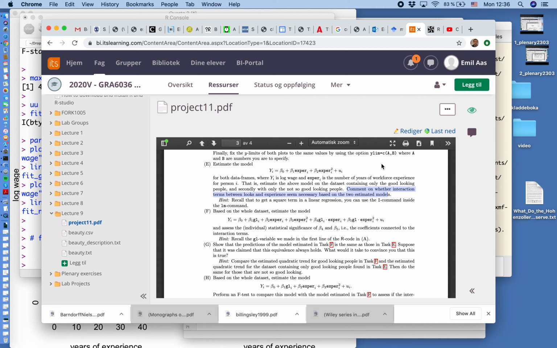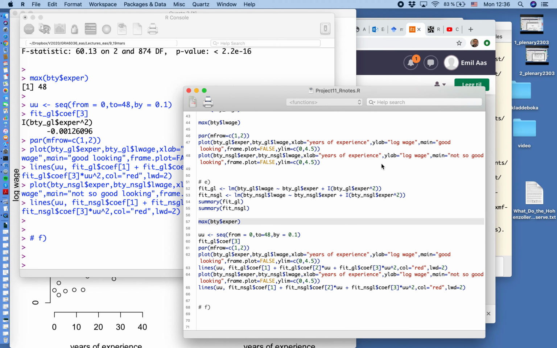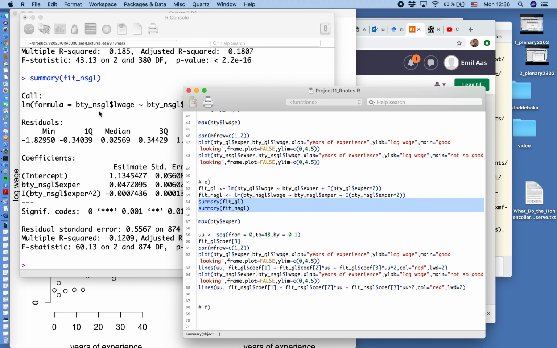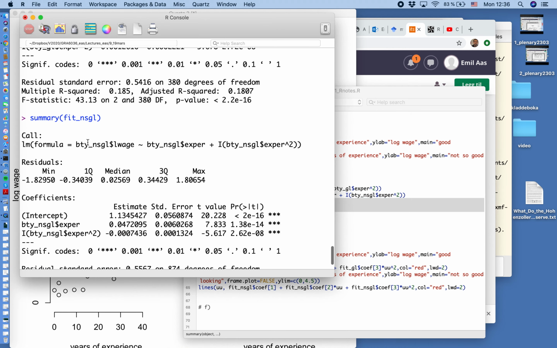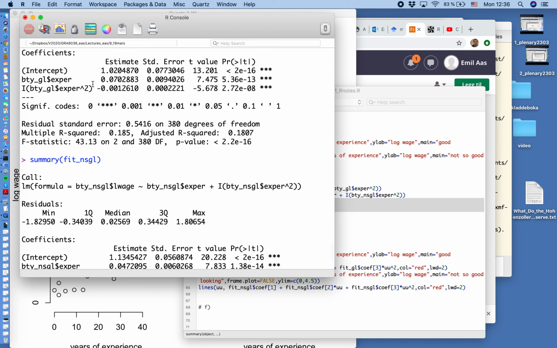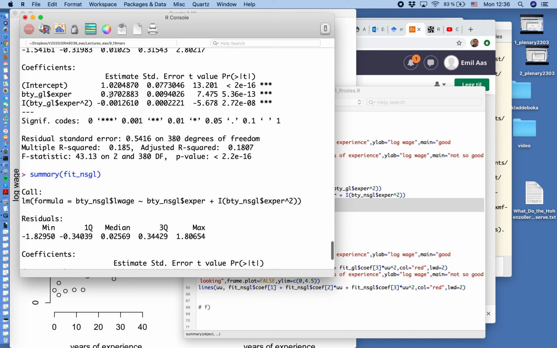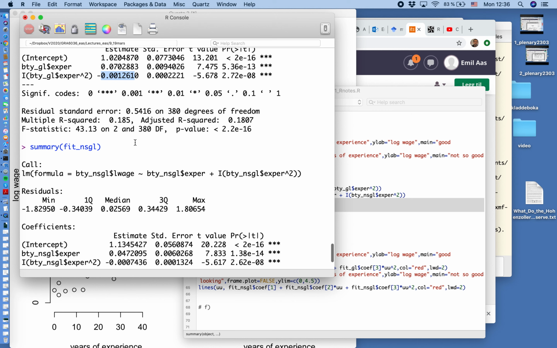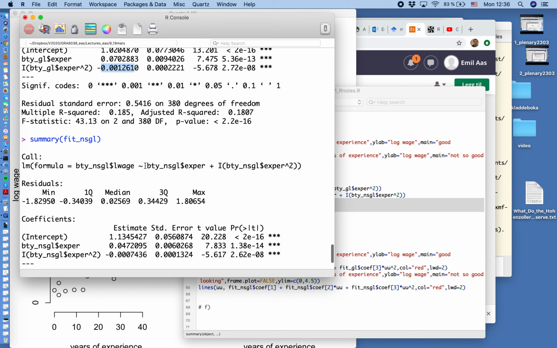So let's look at the output from the model that we fit. The question is whether the effect of experience on log wage seems different for the two groups. Now the first thing to notice is that this coefficient and this coefficient are rather similar, or not that different from this coefficient and this coefficient.